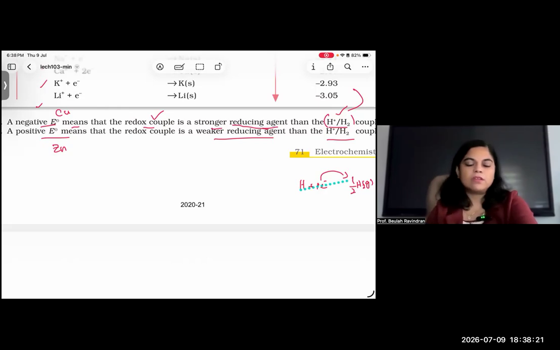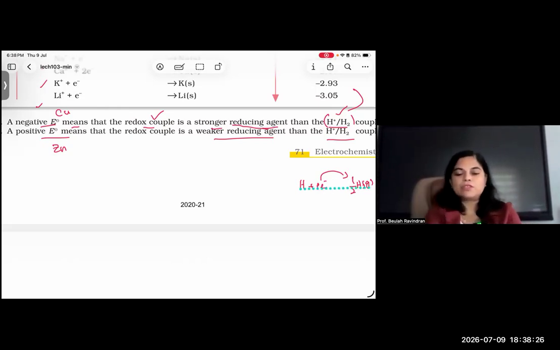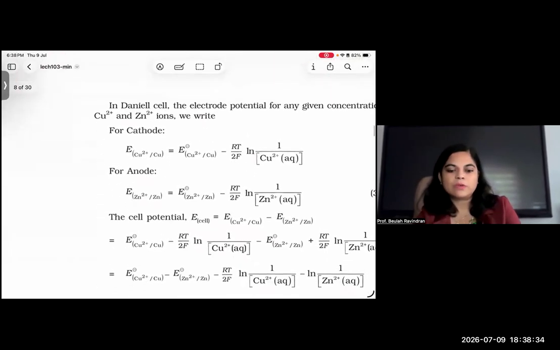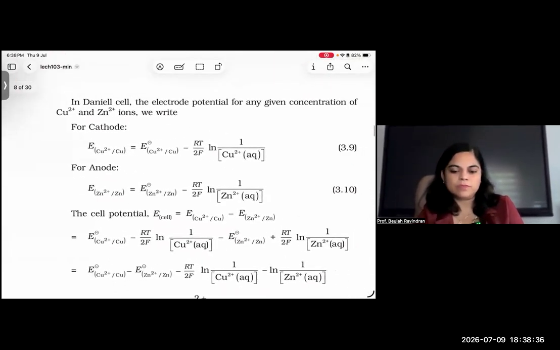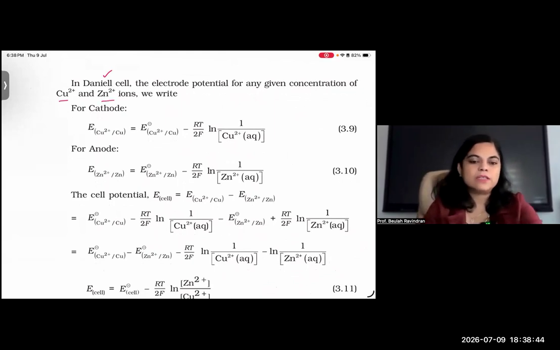Everything we saw. Similarly, the positive potential shows that this redox couple is a weaker reducing agent than the H plus and H2 couple. Clear? Okay. So this is what you are going to write for the Daniell cell, with concentrations of copper 2 plus and zinc 2 plus.